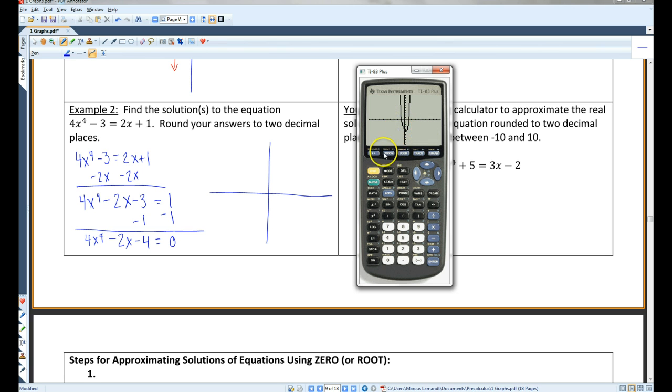Let's take a look at the first one. Look for the 0. Move it to the left of that, and then to the right. Guess. Negative 0.87.